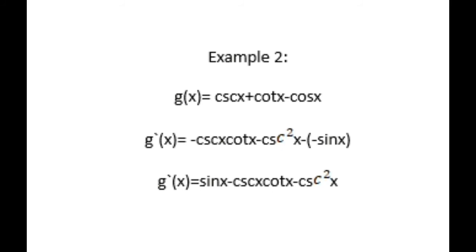So we can put the sine x all the way in front. So we have the final answer: g prime of x is equal to sine x minus cosecant x times cotangent x minus cosecant squared x.